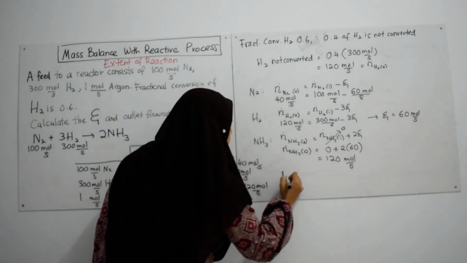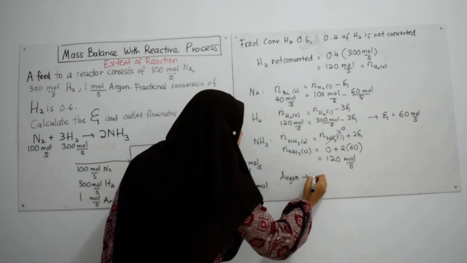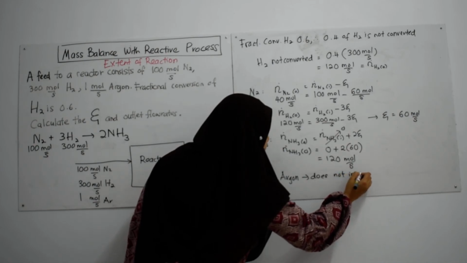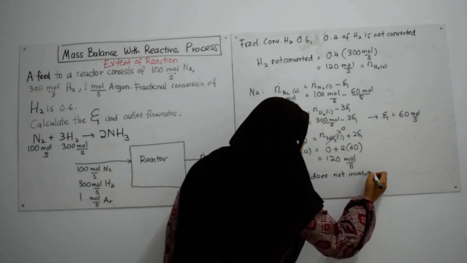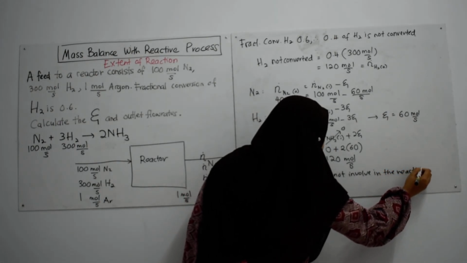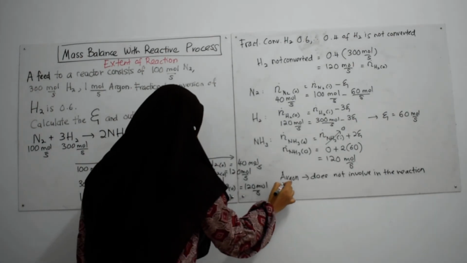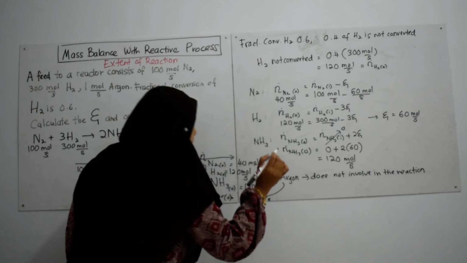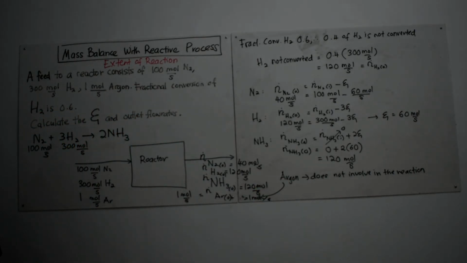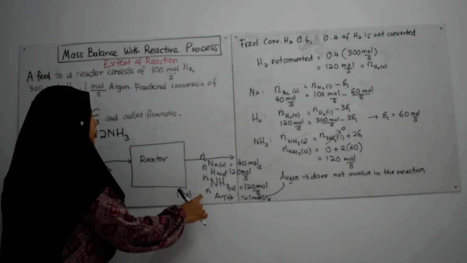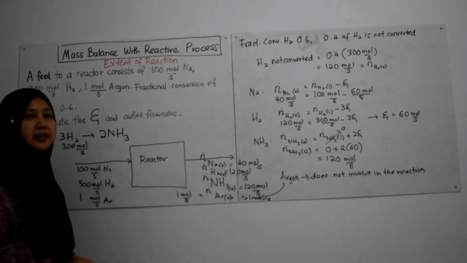And for argon, it does not get involved in the reaction, so its value is still 1 mole per second. This is how you use extent of reaction to obtain the flow rates of your products.